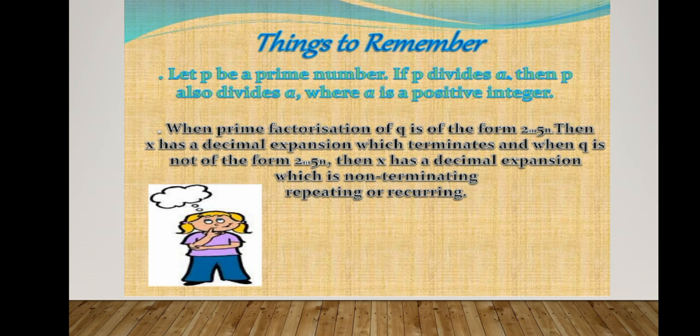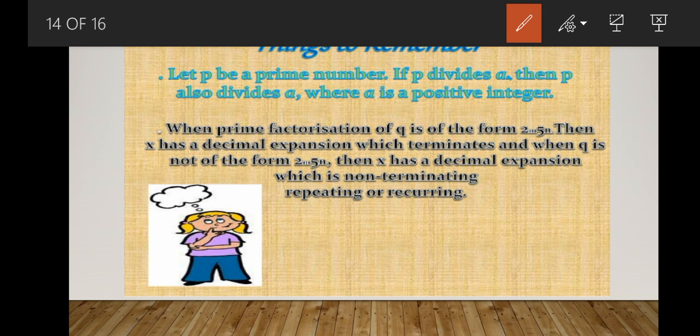Now, things to remember: let p be a prime number. If p divides a square, then p also divides a, where a is a positive integer. For example, if 2 divides 100, that is the square of 10, then definitely 2 will also divide 10.